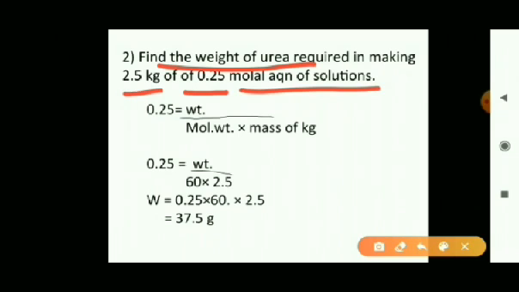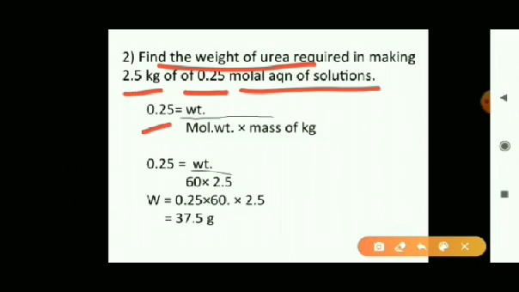Now, how will you find the answer? For that, molality is already given, that is 0.25, equal to weight upon molecular weight into mass in kg. We want to find the weight of urea, that is, how much urea will be added to this solution.